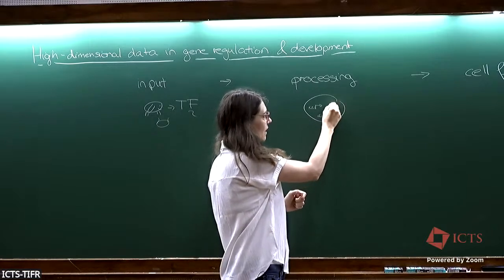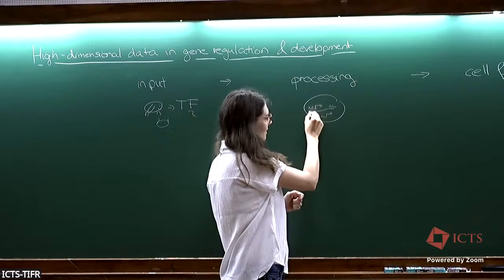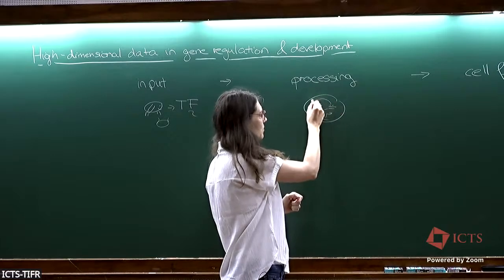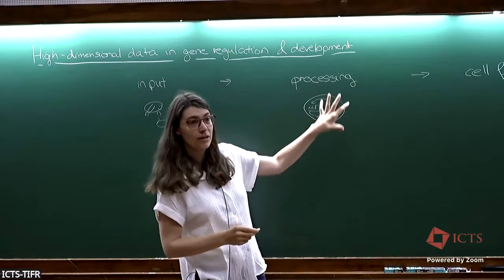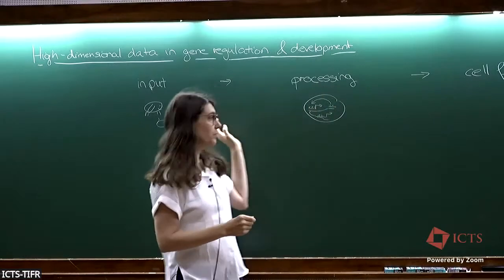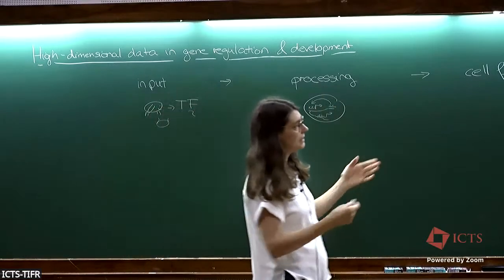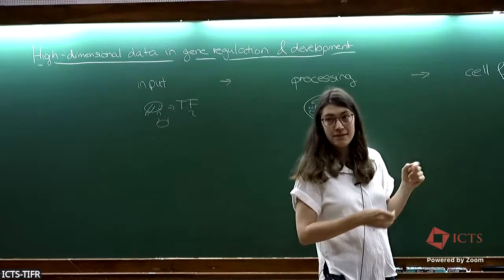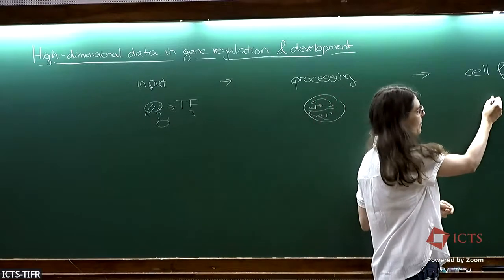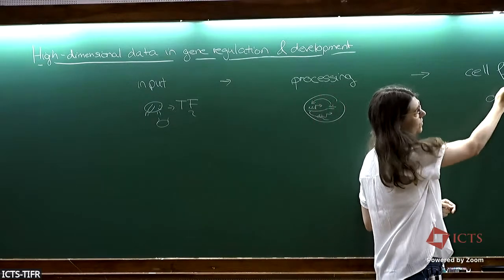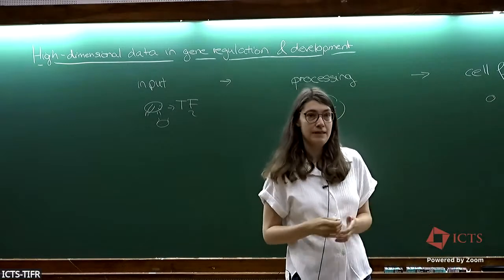There are also enhancer regions on the DNA that can be further away from these promoters. So there's a whole architecture inside that processes these transcription factors and gives rise to these different cell fates, which we can describe either in terms of gene regulatory outputs, or we can number these cell fates directly.